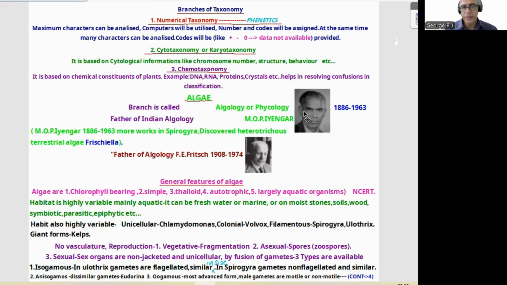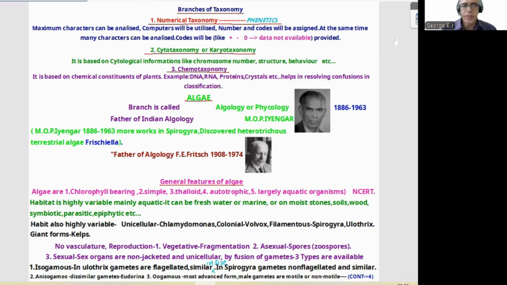Heterotrichous, different type systems. Why that name came? That is interesting: land algae, heterotrichous. Father of algology, when we generally say worldwide, is F.E. Fritsch. Here you can find. To respect F.E. Fritsch, M.O.P. Iyengar gave the name Fritschiella.